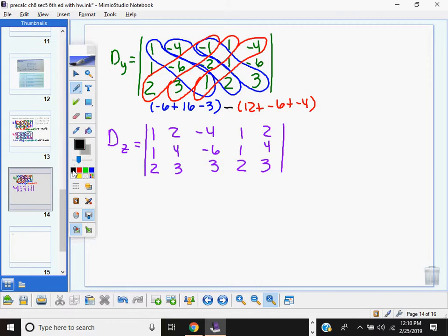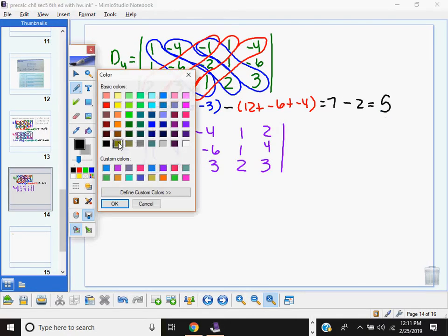Negative 6 plus 16 is a positive 10, and 10 minus 3 is equal to 7. Bring over your minus. 12 minus 6 is 6, and 6 minus 4, or 6 plus a negative 4, is 2. So in the end, 7 minus 2 gives us 5. So our dy is equal to 5.